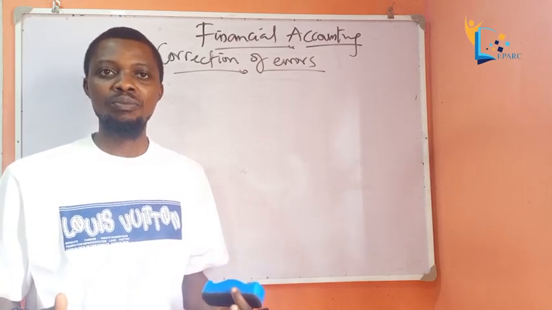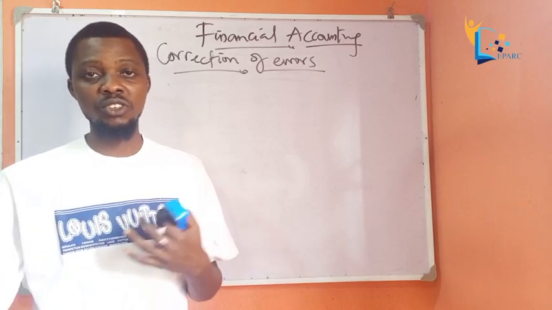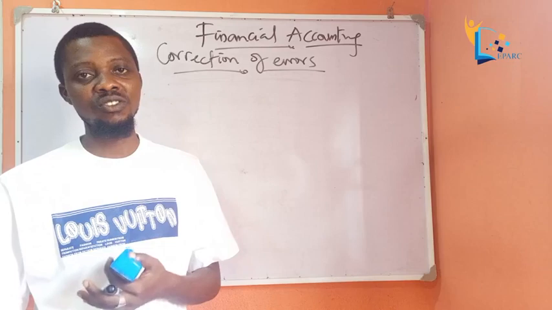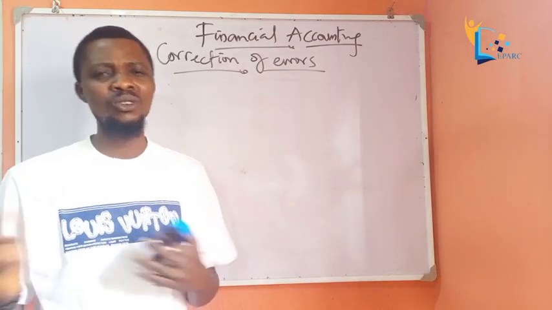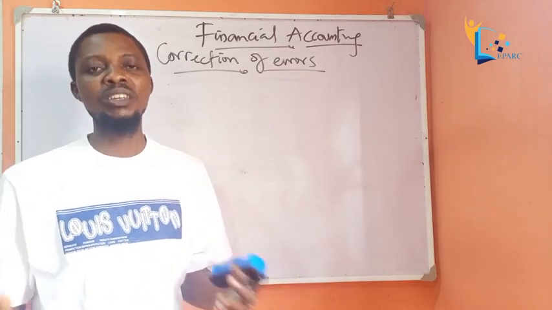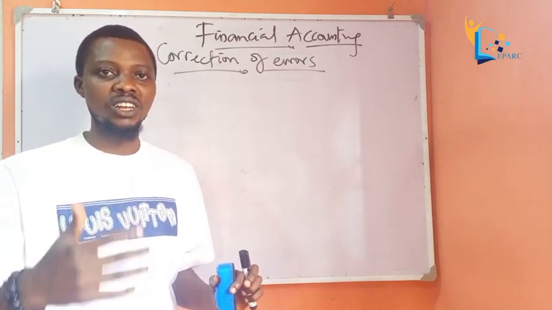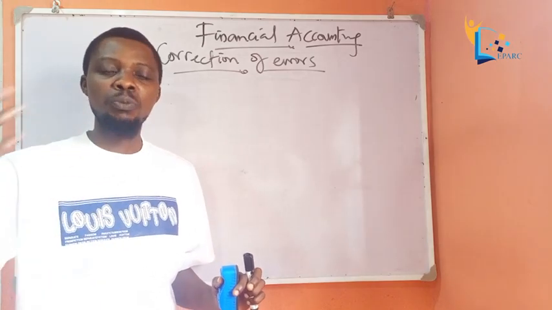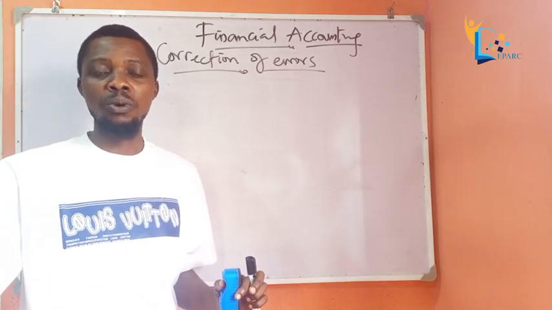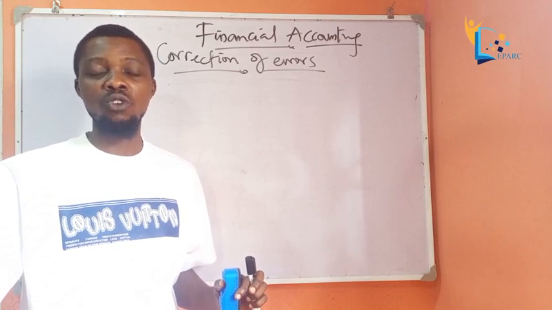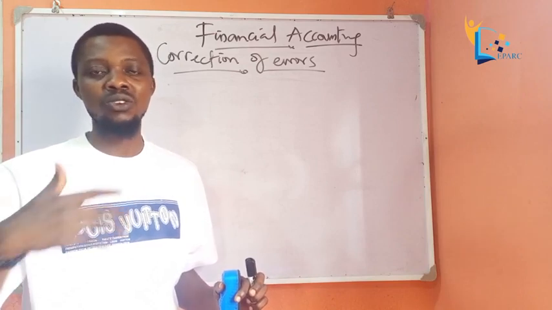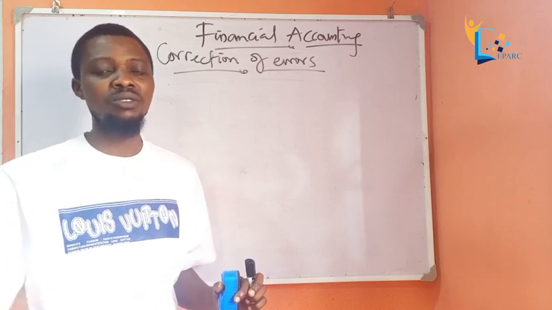Maybe a figure you're supposed to enter into this class of accounts, you enter it into this one. Things happen. Human errors, yes, they happen. So errors in financial accounting have to do with misposting, or the wrong drawing up of maybe the trial balance, or wrong entry of account and all that.